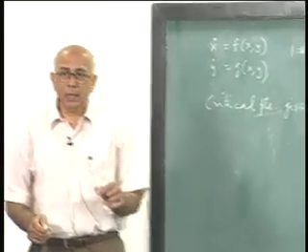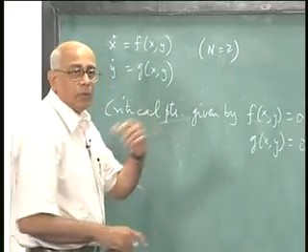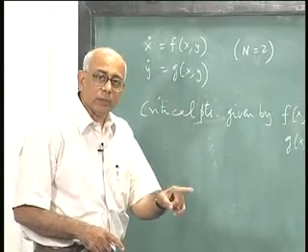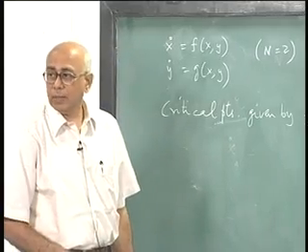Now typically f of x comma y equal to 0 is a curve in the xy plane, and so is g equal to 0, and generically two curves in the plane would intersect at isolated points, and those points are your critical points. Then take any one of those critical points, let us call it the origin, this critical point the origin, and we would like to see what the system does near the origin.